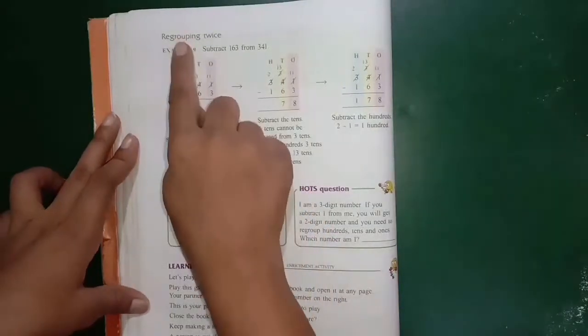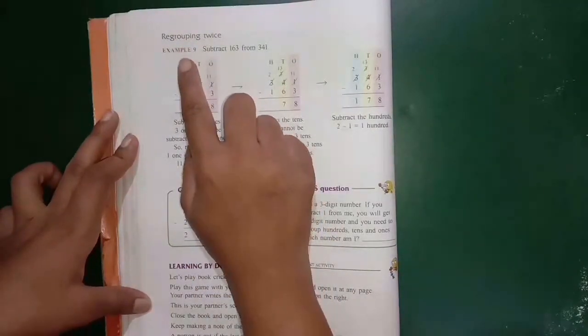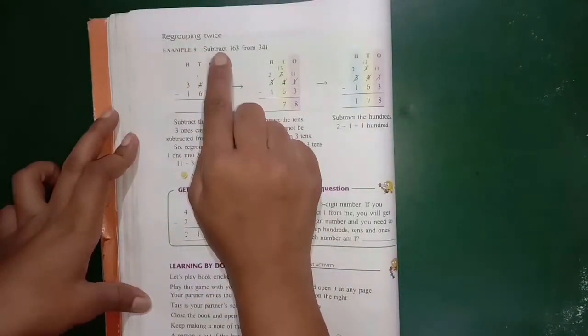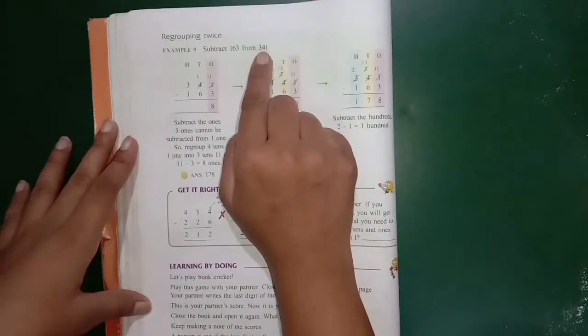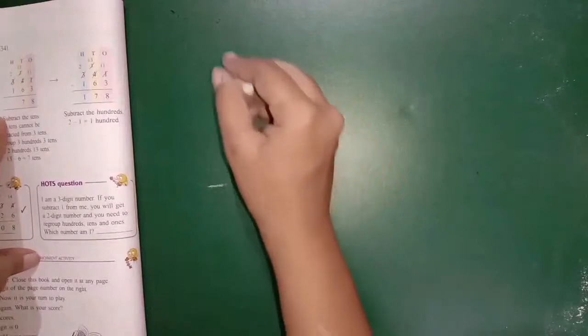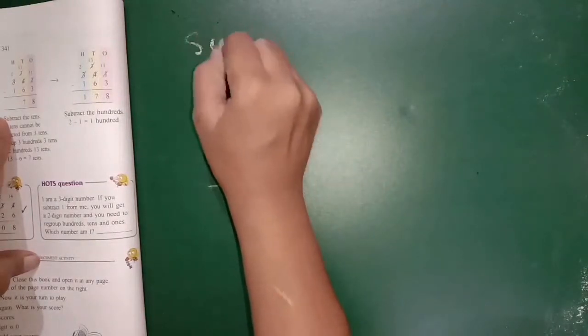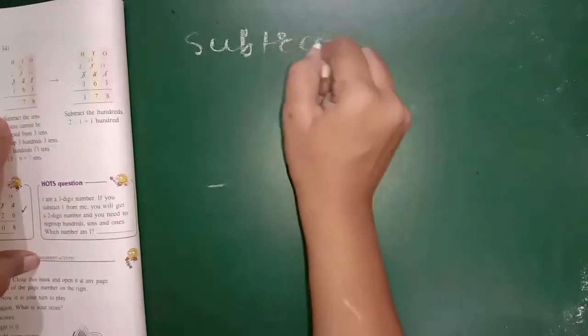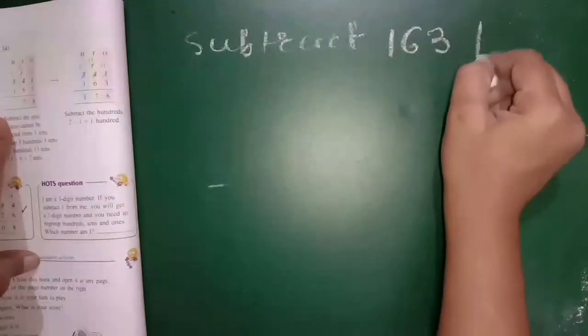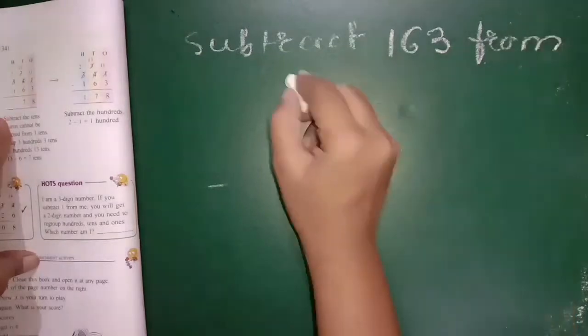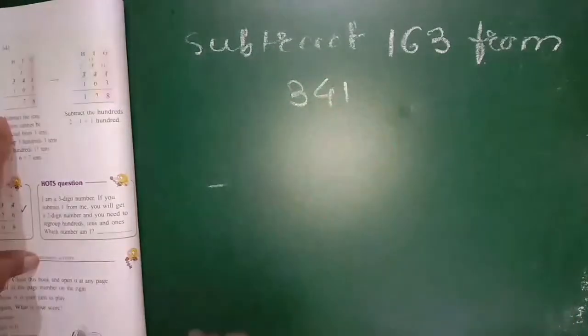Next is regrouping twice. For example, subtract 163 from 341. Okay. The question is subtract 163 from 341.